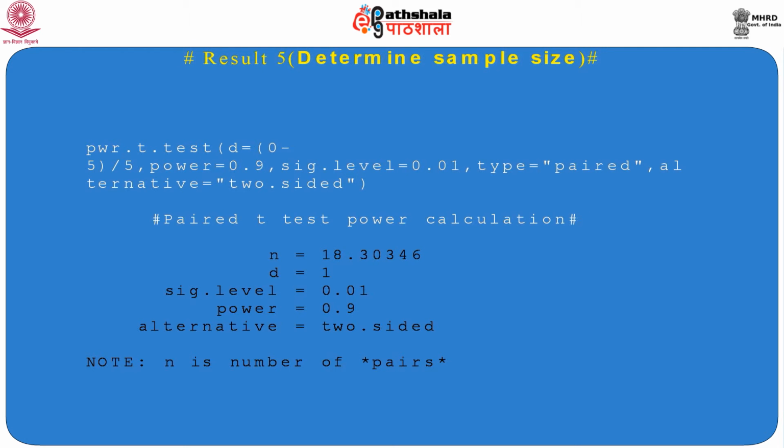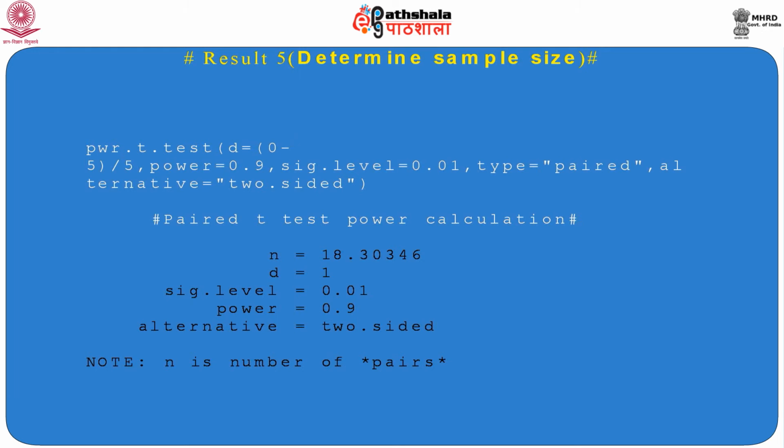Now again we increase our sample size by keeping the power equal to 0.9 and changing the significance level from 0.05 to 0.01, with type equals to paired and alternative equal to 2 dot sided, which gives us 18.30.